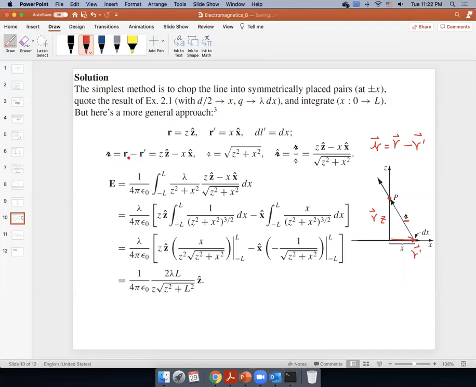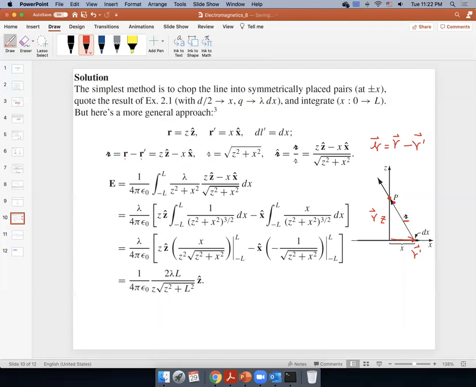So if you know r, you know r prime, then it could be described in this way. So r is z in z direction, r prime is x in x direction. So this is the direction of this r, the displacement direction.